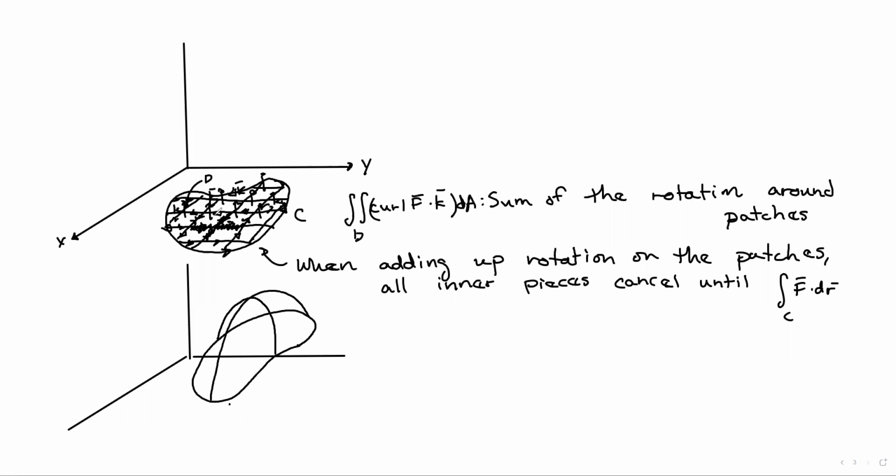Now what I'm going to do is, just like I took my region D and cut it into pieces, I'm going to cut our surface into pieces as well. So to do that, we're going to do this.